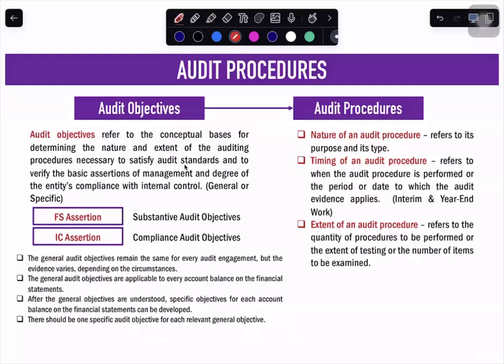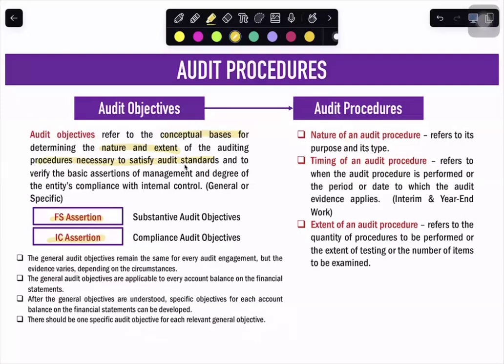So what is an audit objective? An audit objective refers to the conceptual basis for determining the nature and extent of the auditing procedures necessary to satisfy the audit standards and to verify the basic assertions of management and the degree of the entity's compliance with internal control. And generally, your audit objectives depend on whether it is an FS assertion or an internal control assertion.